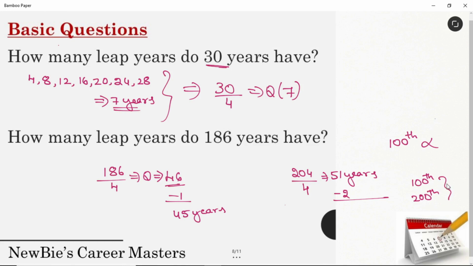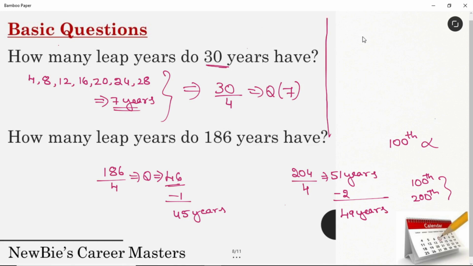These 2 years are divisible by 4, but they are not divisible by 400. That's why these 2 years are not leap years. You have to remove these 2 years. So the final answer is 49 years. Be very careful with the century years. I hope you are getting the concept.